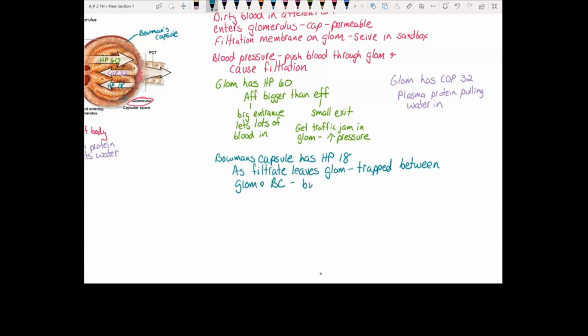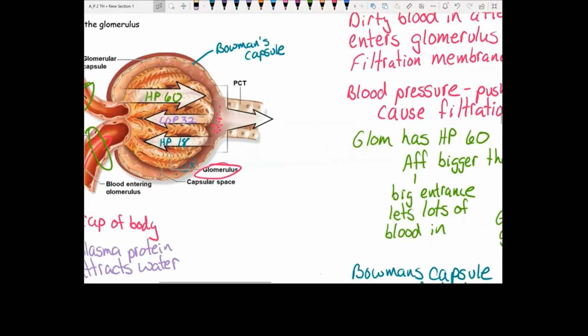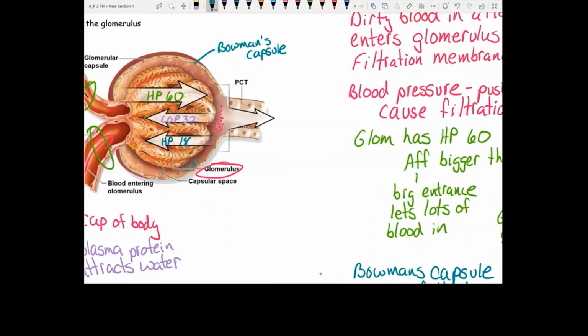So it builds up and creates pressure. This is a pressure that doesn't exist elsewhere in the body. This is only in your nephron. So that pressure of all this filtrate building up and being trapped here pushes back this way.